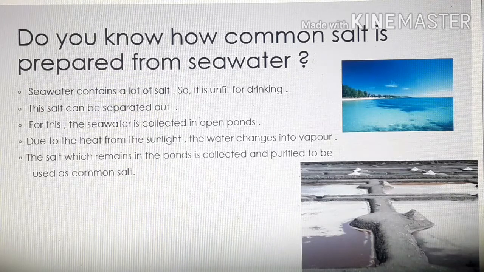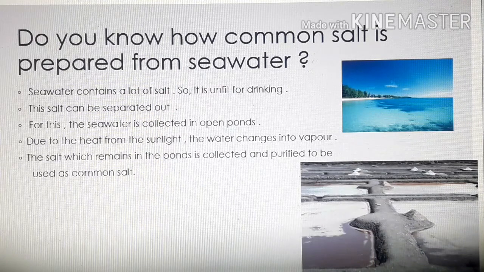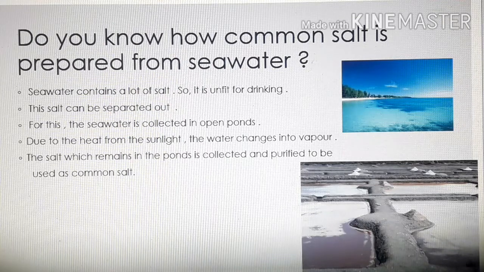In our next class we will go through this again so that you can understand more nicely. What else did we study? We studied the water cycle, and then rain clouds. Have you understood till here, children?